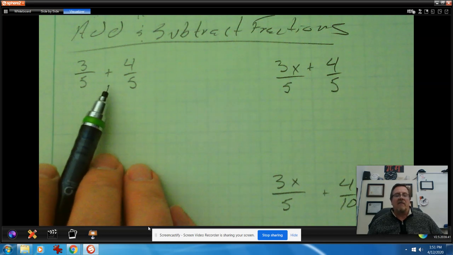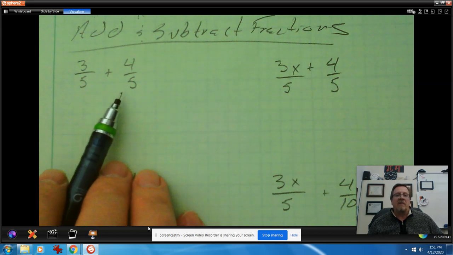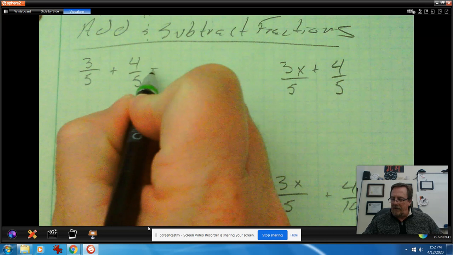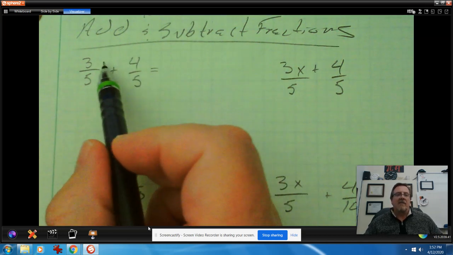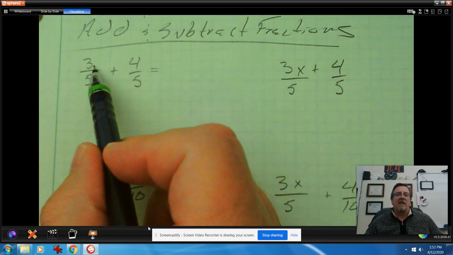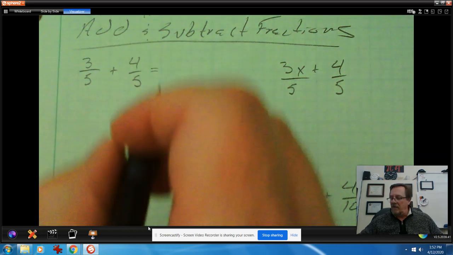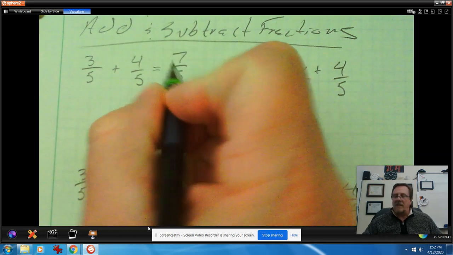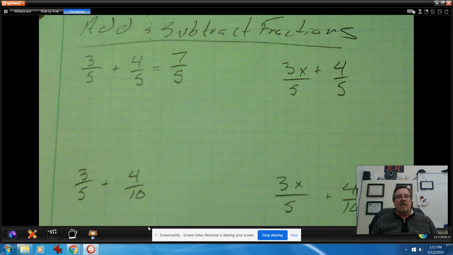And when we add our fractions, we just need to make sure that this bottom number, the denominator, is the same in both fractions. When it is, we can just add the top numbers, the numerators. So we're going to add 3 and 4, and we get 7. And the denominator stays the same. So 3/5 plus 4/5 is 7/5.